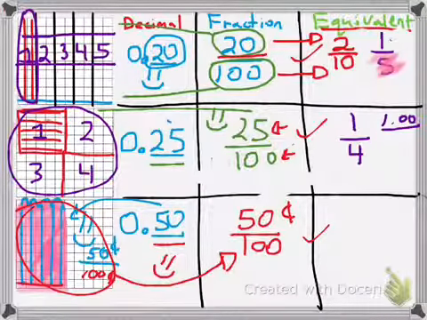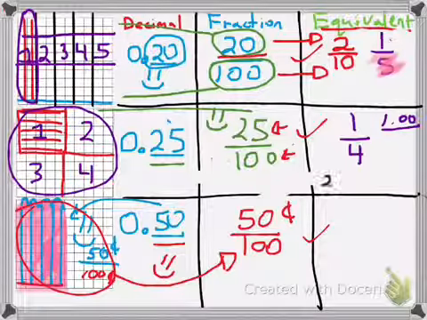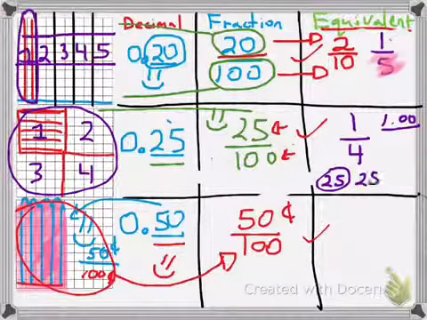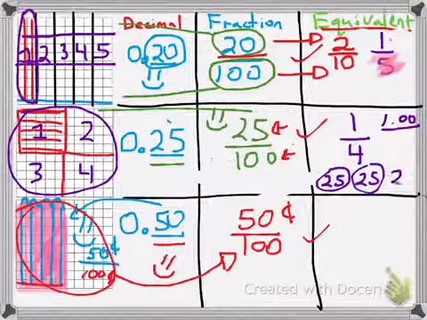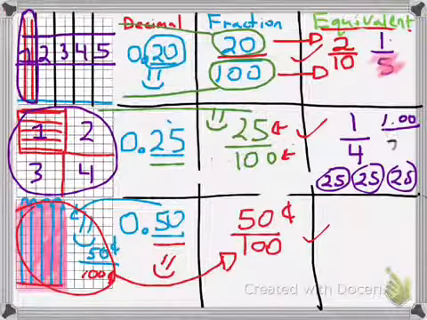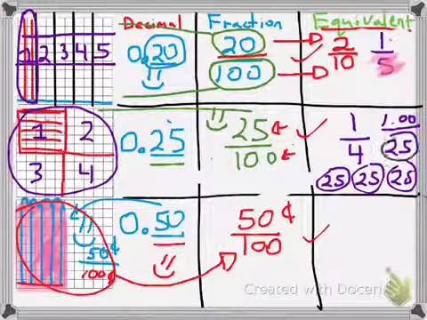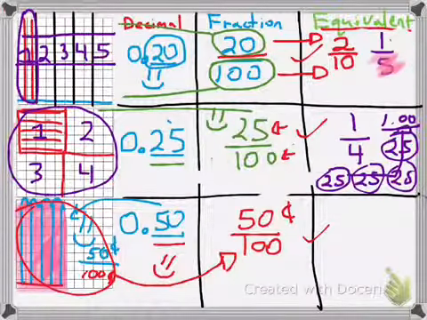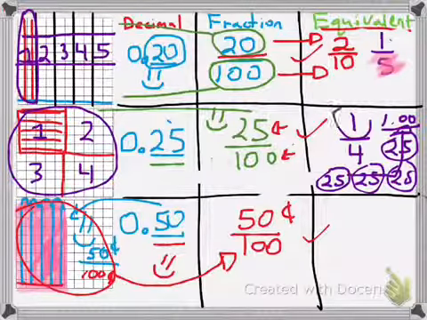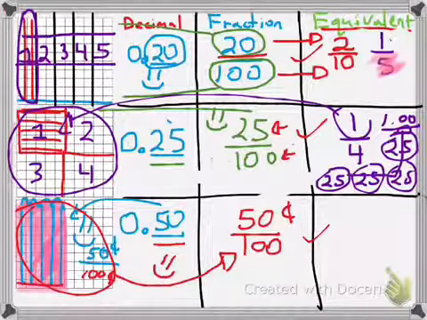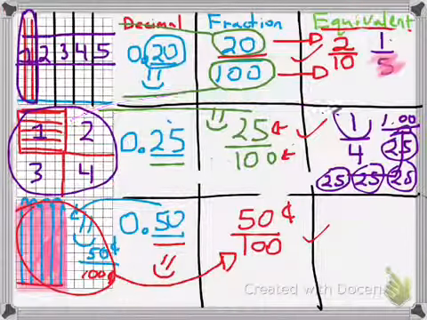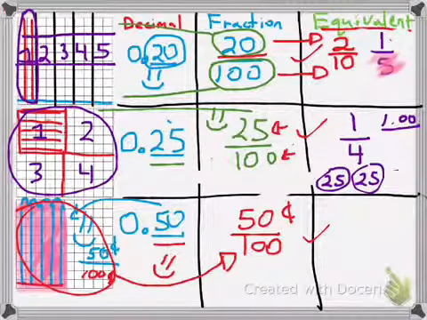Or that's like saying we have 1, 2, 3, 4 quarters to make up the dollar, which is up over here. In this case, we only have the 1 quarter, and that's why we have a 1 up here. Let's clear that away again, because it's getting awfully messy.